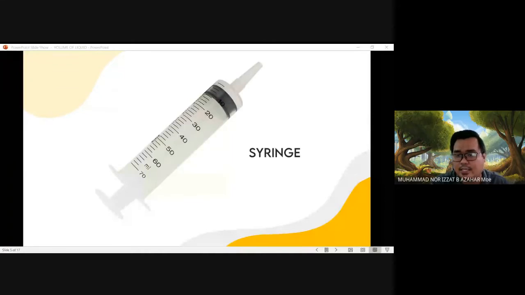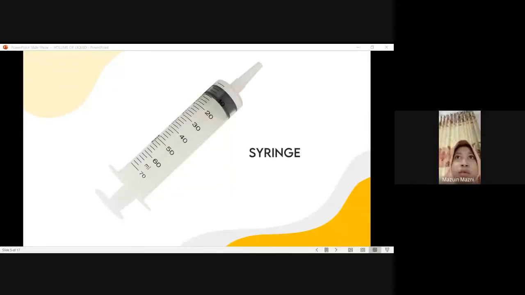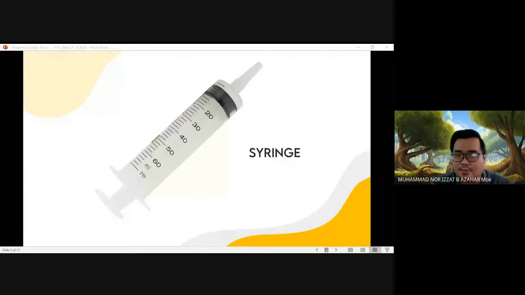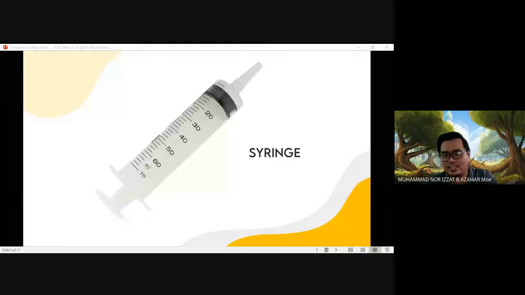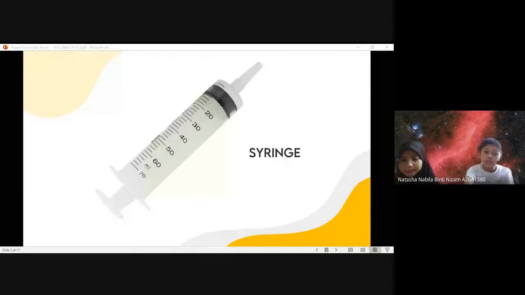Yes, Auni. Bukan ke syringe tu also guna untuk cuci orang? Yes, but it's different one. Ini dia tak tajam. Okay, it's the same, but it's different. Dekat depan ni dia punya nozzle dia different. Kalau yang macam nak cuci orang tu, bucu dia memang dia akan tajam dan dia buat pada besi. And ini dia buat untuk minum, untuk ni syringe.